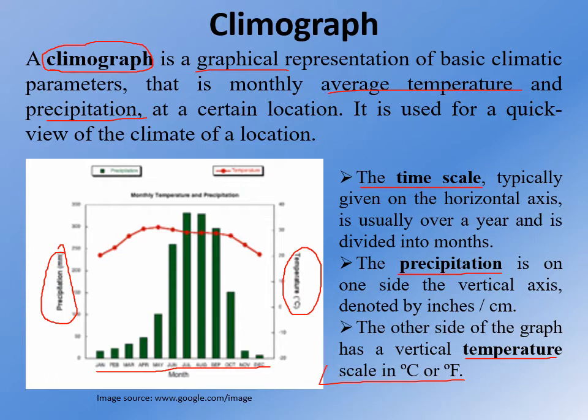So these are the three main components found in a simple climograph, and generally all these climatic elements like the precipitation and temperature are shown in this graph in terms of average monthly values, that is in terms of average monthly temperature or average monthly precipitation.